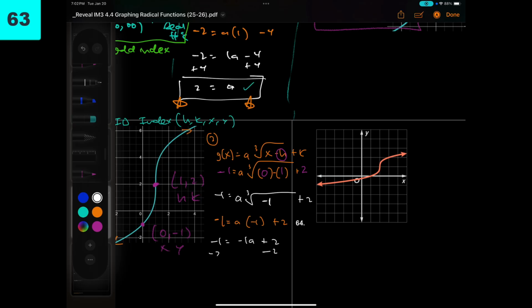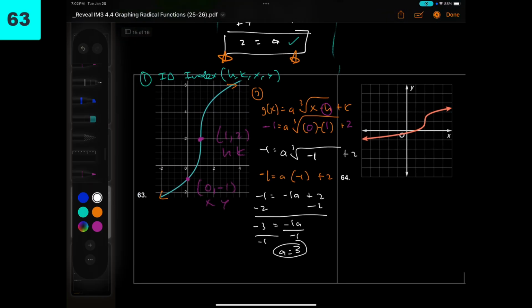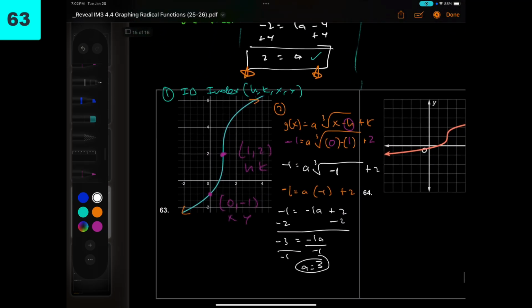So let's subtract 2 and then divide by -1. You're going to get a equals 3. That's our answer. Okay, and then that was orange. Then let's do the pink.